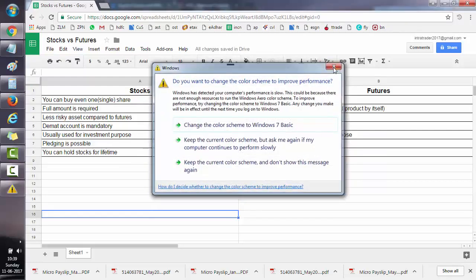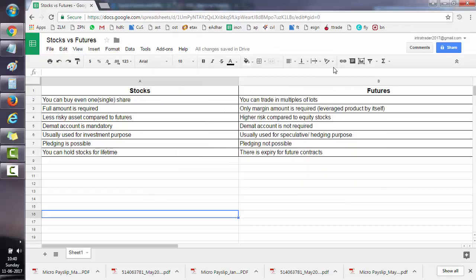This safe locker we call a Demat account. But in case of a future contract, you don't have any ownership in that listed company. So there's no such arrangement required, and there's no need of any Demat account with respect to a future contract.